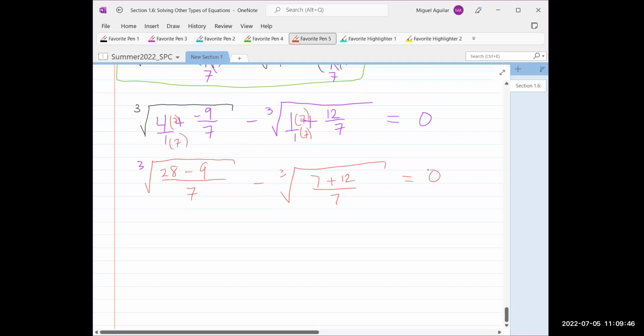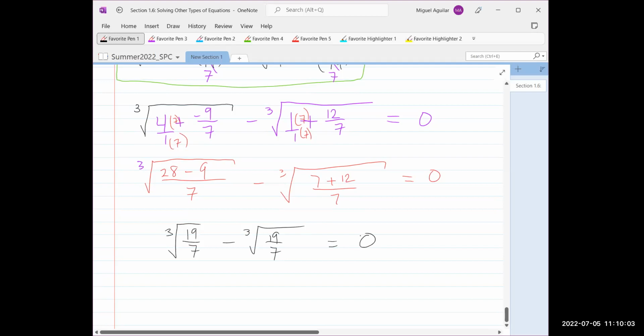Don't know if that's going to be equal to 0. 28 minus 9 is what? 19 over 7? The cube root of 19 over 7 minus the cube root of 7 plus 12 is 19 over 7.